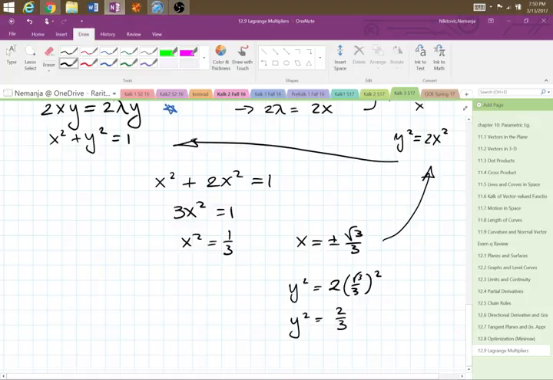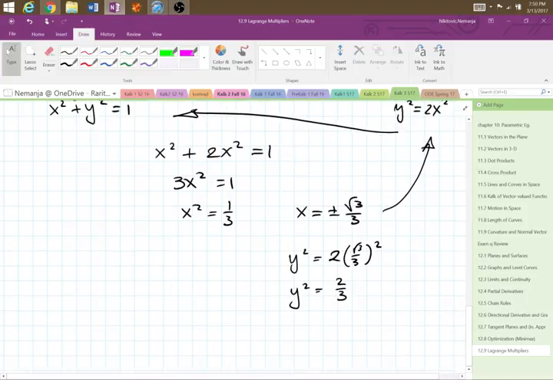And then I take the square root of that, which is clearly root 6 over 3. Clearly, right? Awesome.